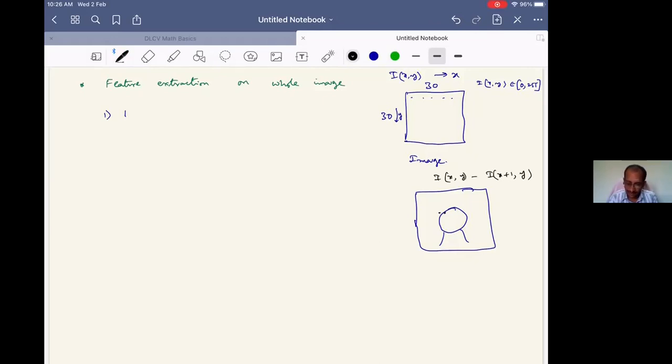Find the difference in the x direction, and in the y direction you can find the same.